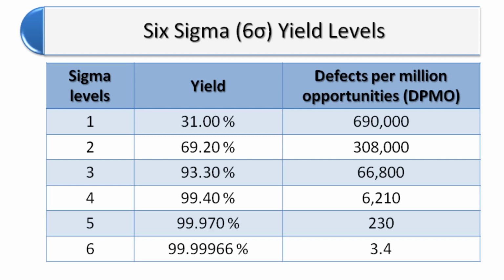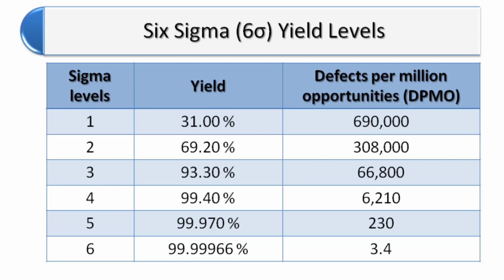That means 31% of products are defect free, having zero defects. So how many products are left with defects in 1 million? It is nothing but 690,000, that is 6,90,000. So this is Sigma level 1.